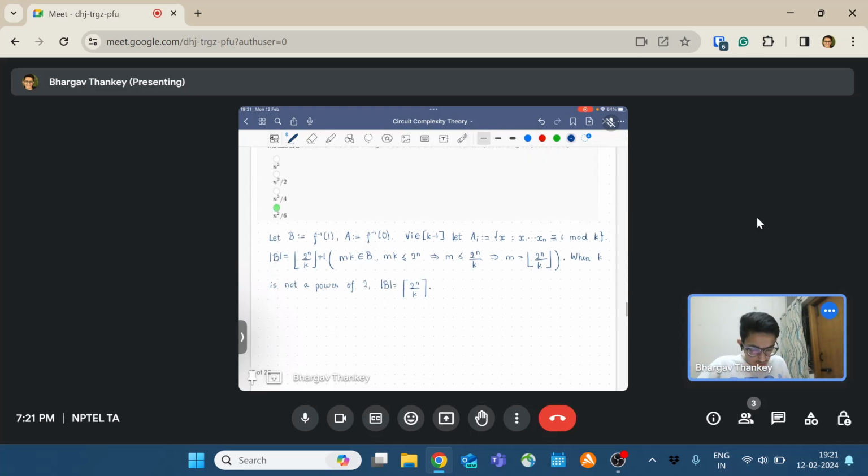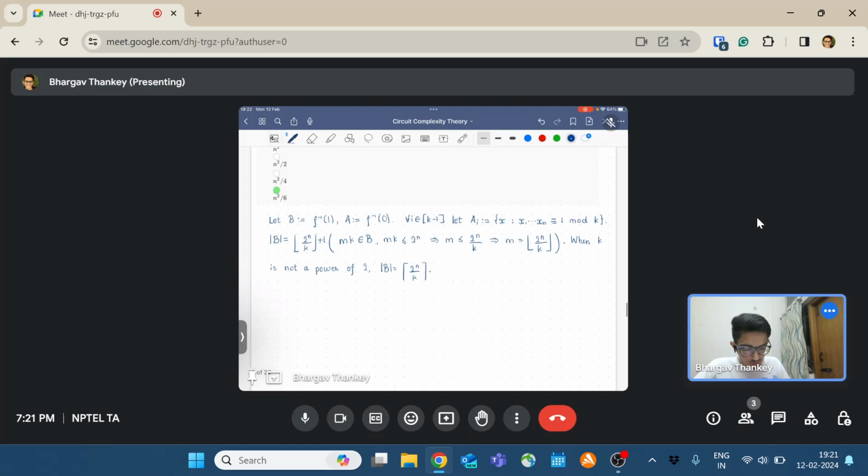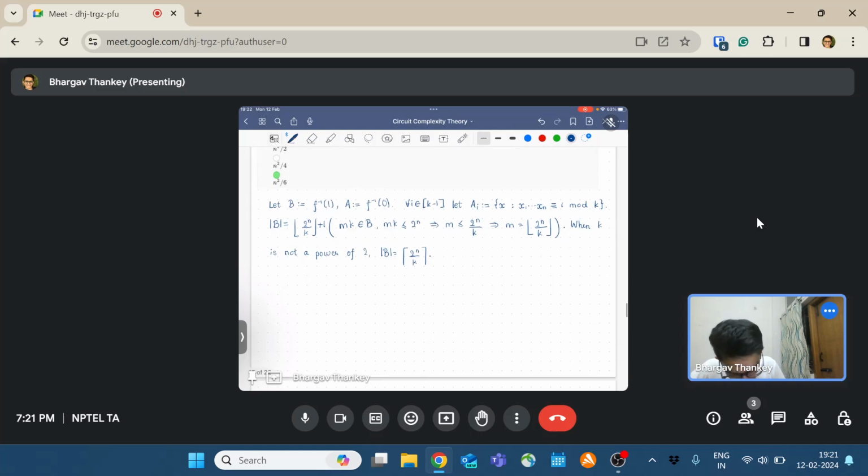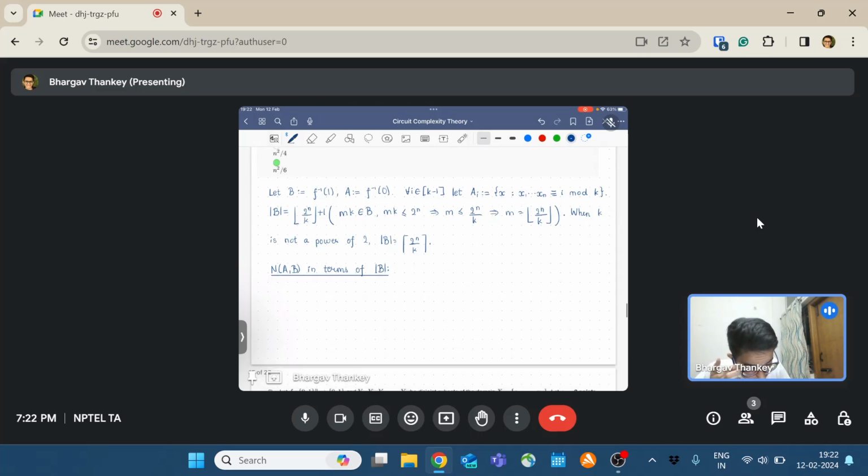Okay. So now what I'm going to do is look at the size of N(A,B) in terms of B. Fix x in B. Strings in N(A,B) are just going to be neighbors.